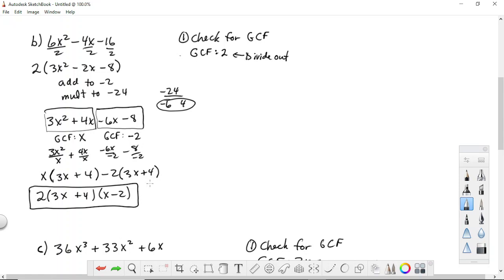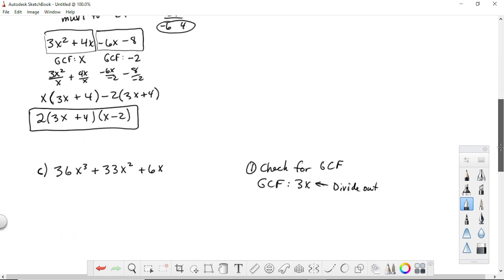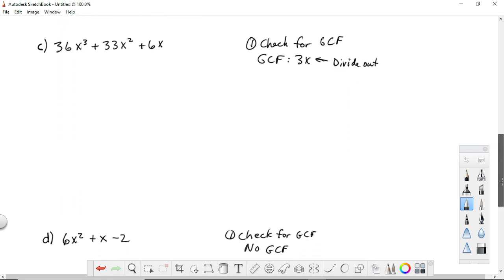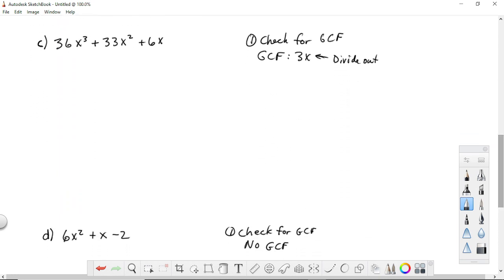So let's look at the next one. So we think we're going to have a common factor here, right? But there's really not a very large one. Now notice here we have this extra x, even the constant term is times x.